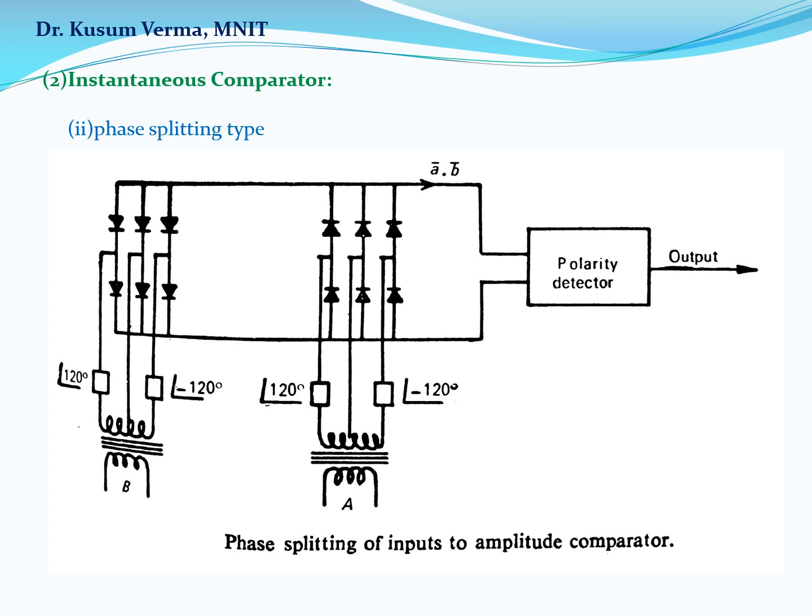This figure is showing a phase splitting of inputs before rectification. The input is split into 6 components 60° apart so that the output after rectification is smoothened within 5%. As both the input signals to the relay are smoothened out before they are compared, a continuous output signal is obtained.